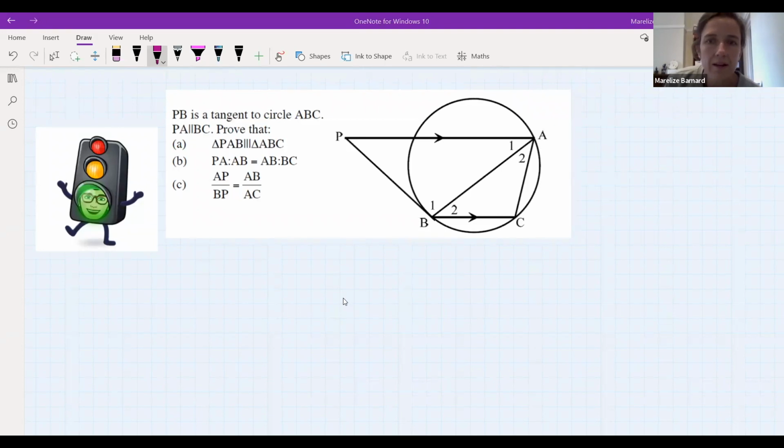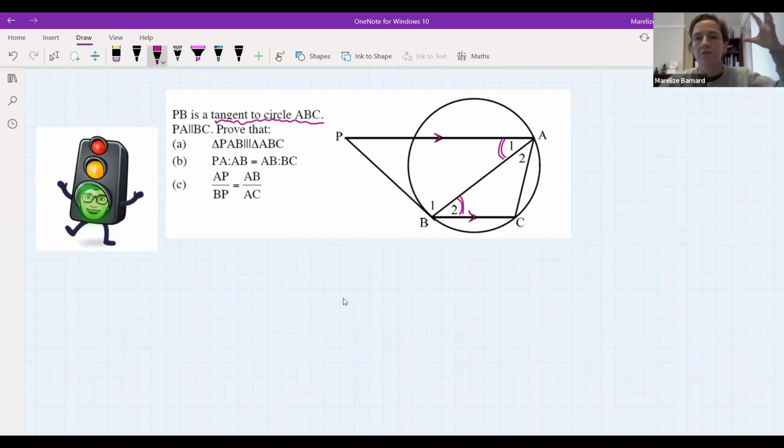So first of all, we've got some parallel lines here. Nice. That's always useful. It almost looks exactly like the previous question, but I think it's a bit different. So we can already say that A1 is going to be equal to B2 because of the alternate angles. And the other piece of information here is that PB is a tangent to the circle. By the way, that's also how it's asked.